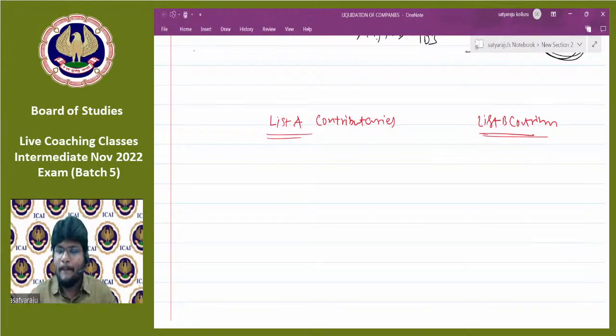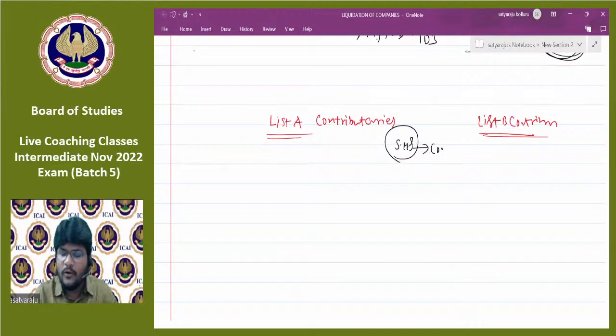Whenever the company decides to liquidate due to an order made by NCLT or maybe due to any other reason, then the insolvency professional will be appointed, right? Whenever the insolvency professional is appointed, I already told you, all the shareholders are treated as contributories.